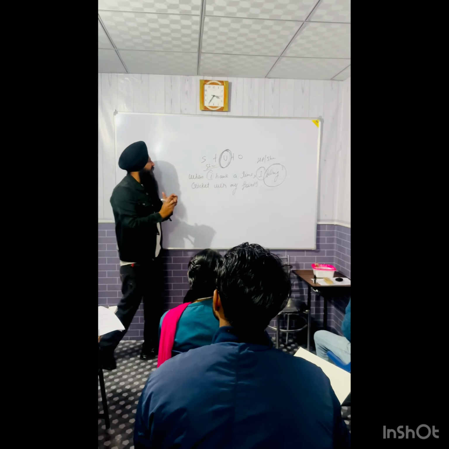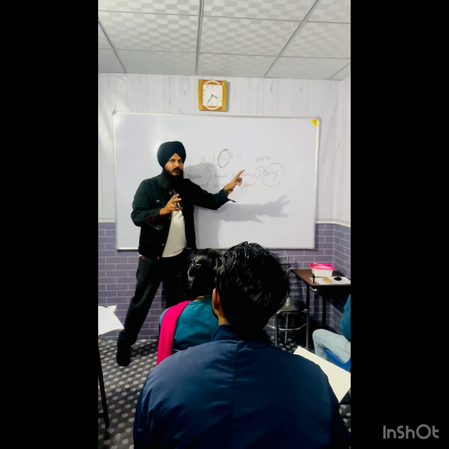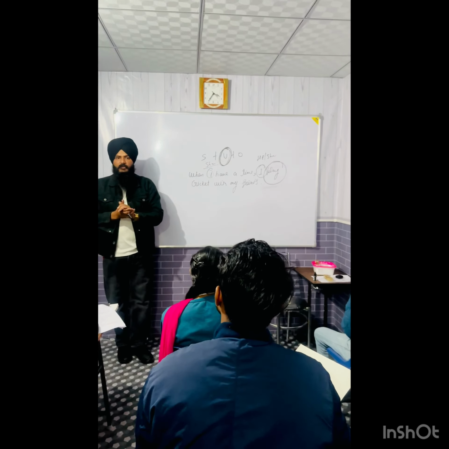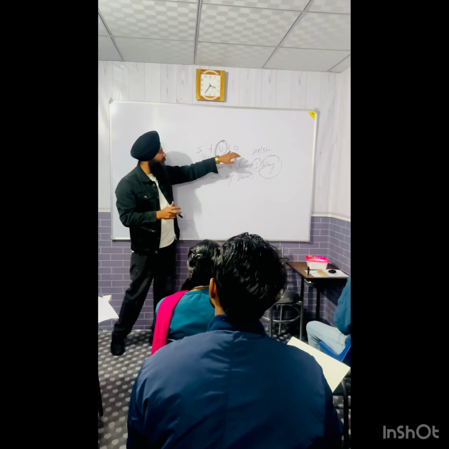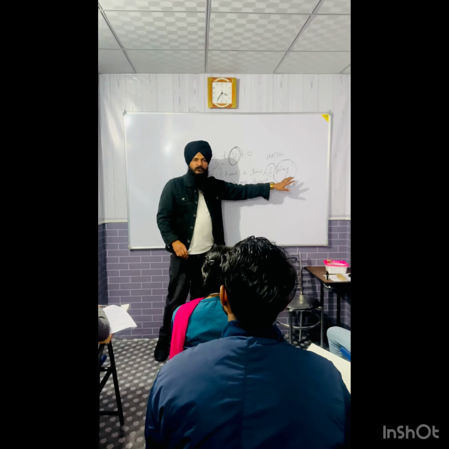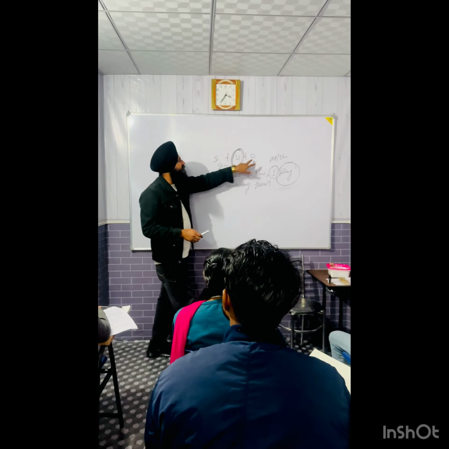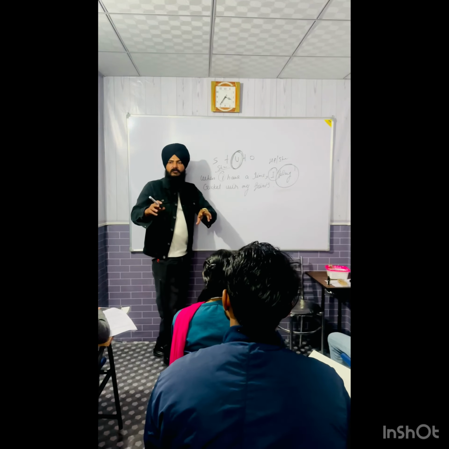If you find the verb, and then you find the same subject of that verb, then you will look for the object. If you are able to find the object, then you can say that the question is true. If you don't find the object of that sentence, then you can say that the question is false.